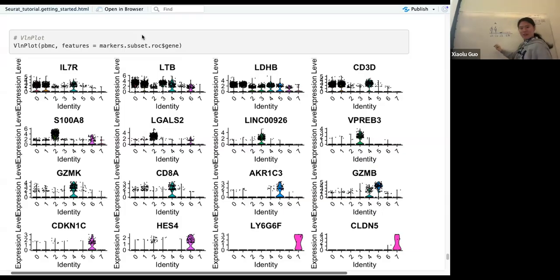Then gene B has a different pattern, highly expressed in two clusters, and all others are 0. So using gene A and gene B, which cluster will you be able to identify?